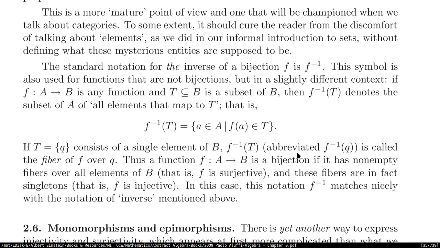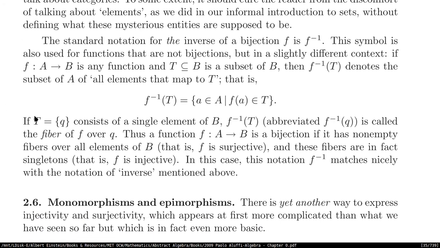But this has nothing to do with bijectivity or inverses, right? These are sets. F to the minus 1 of T is a set which contains the elements that are mapped to T. The same way, if T is a singleton containing a single element, then the preimage is the fiber of f over that element.